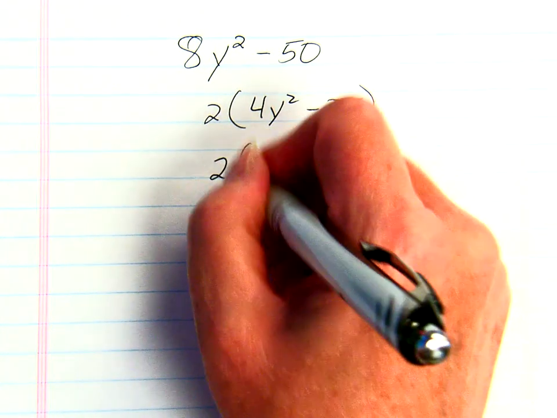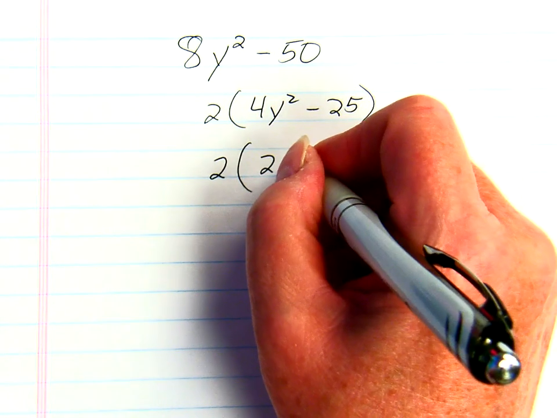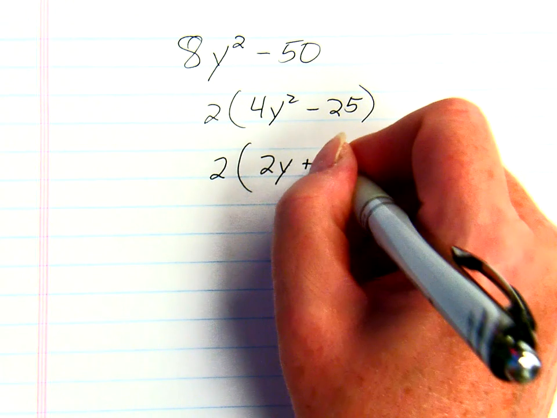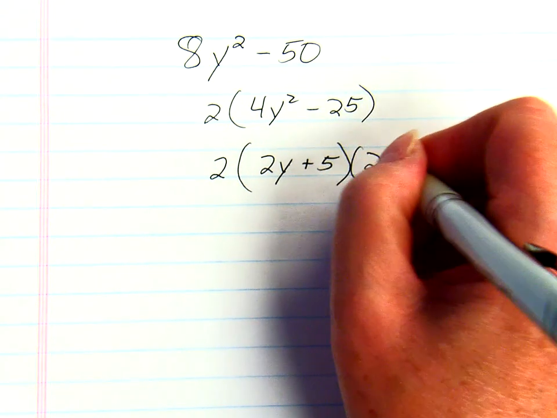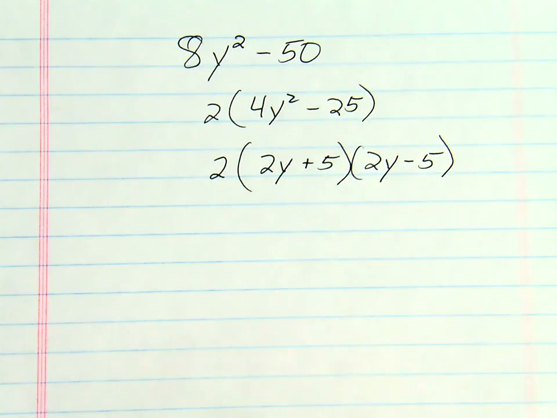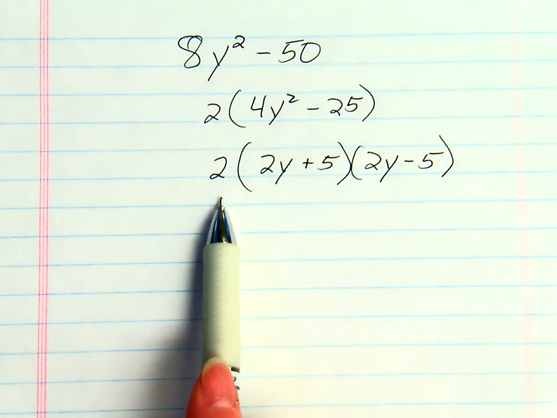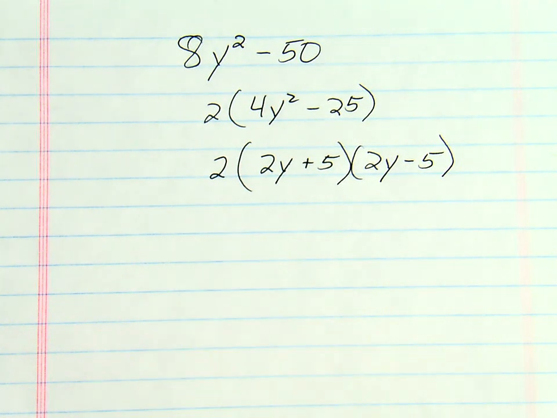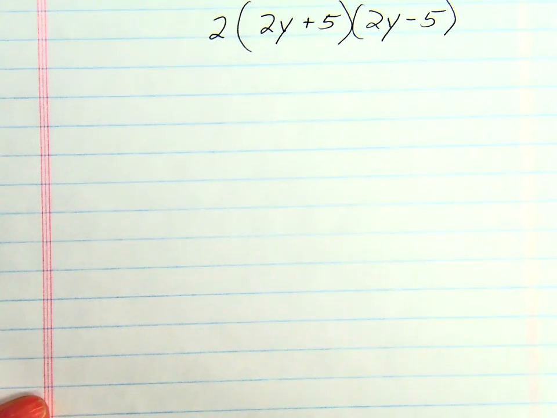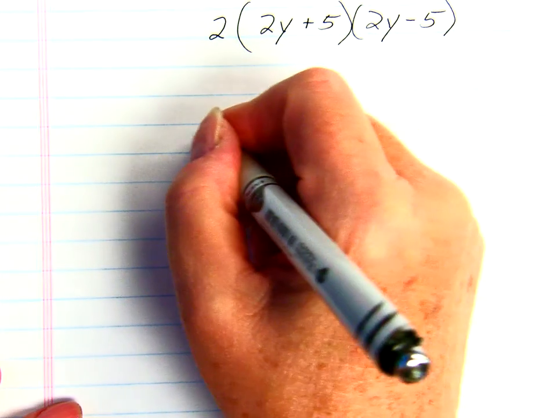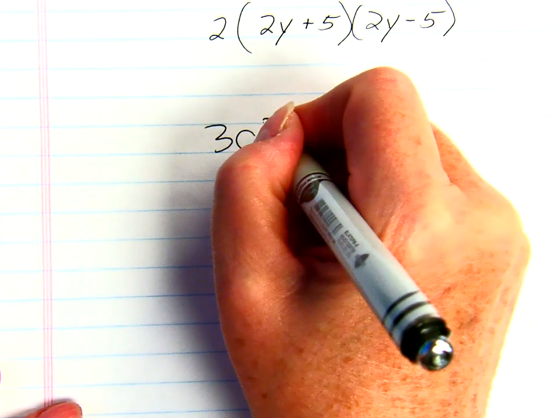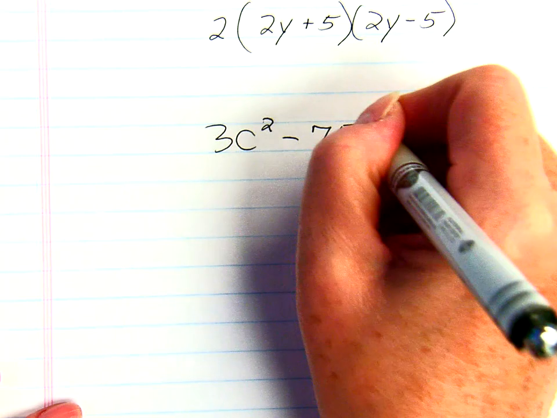So this becomes 2 times (2y plus 5)(2y minus 5). And in complete factoring, do not forget that monomial that you are pulling out. So let's go ahead and look at a couple more of these. 3c squared minus 75.